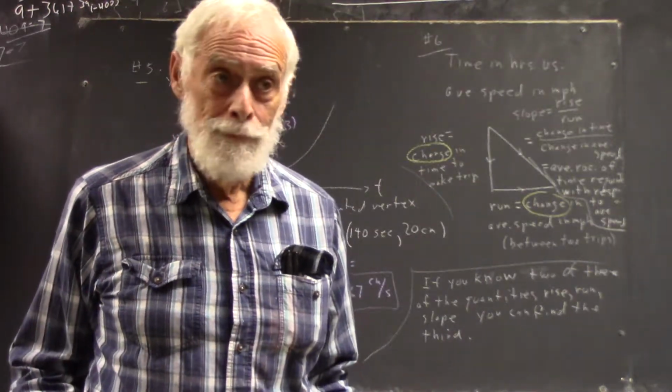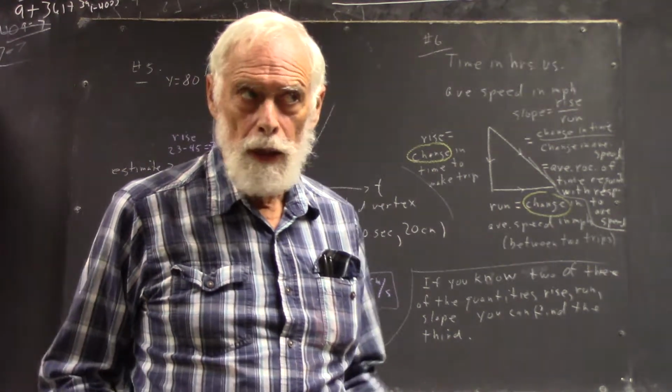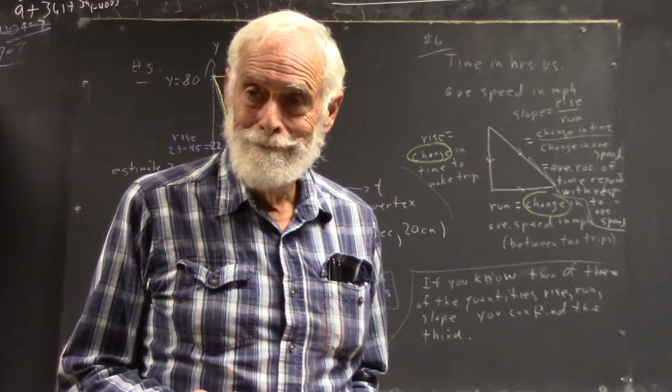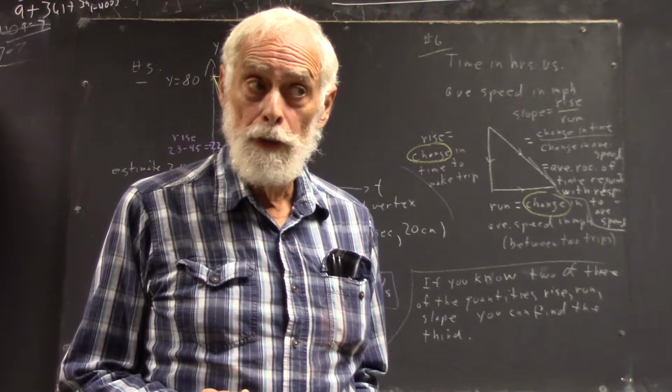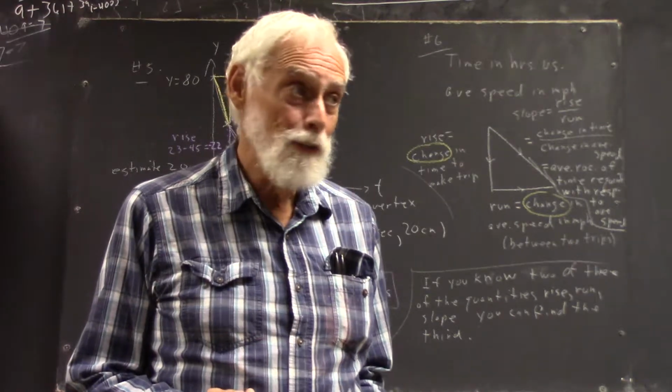Okay? Like if you know rise and run, how do you find the slope? It should be really easy. Rise over run. Rise divided by run.